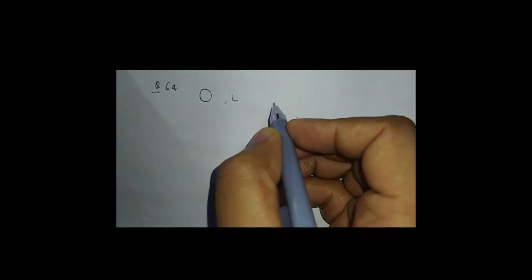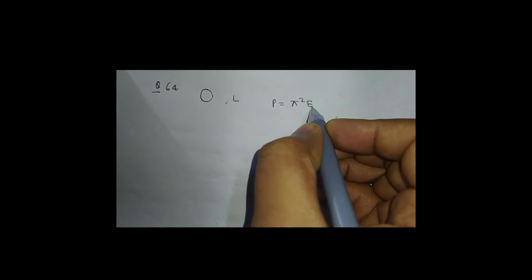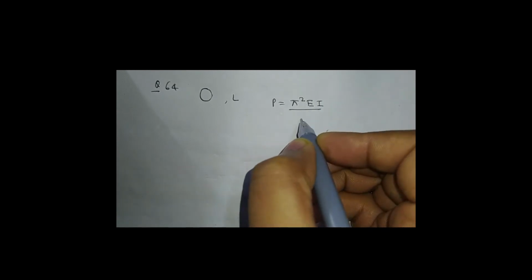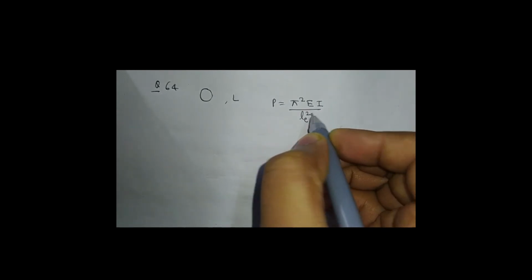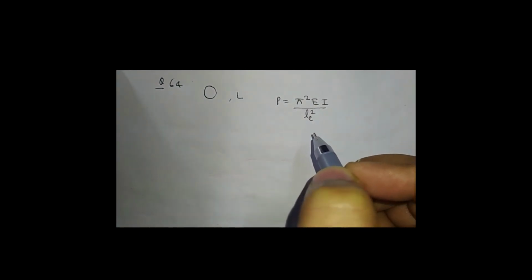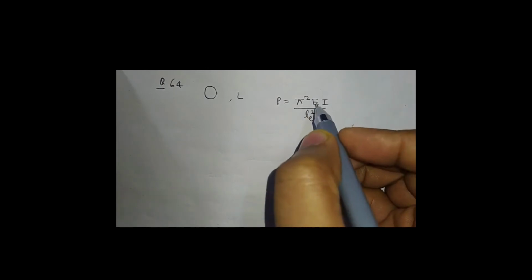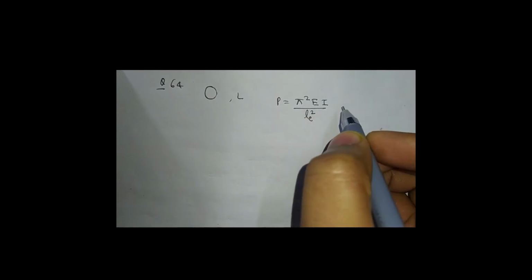We know that the buckling load is pi square EI upon Le, effective length square. This formula is known as the Euler buckling formula, in which E is the modulus of elasticity of that column and I is the second moment of area of the cross section of that column.